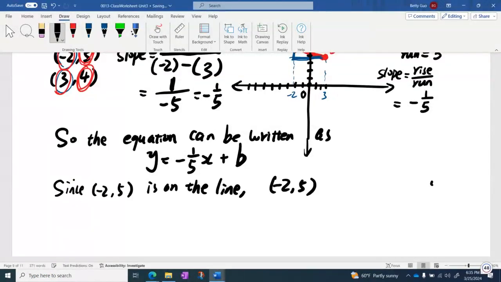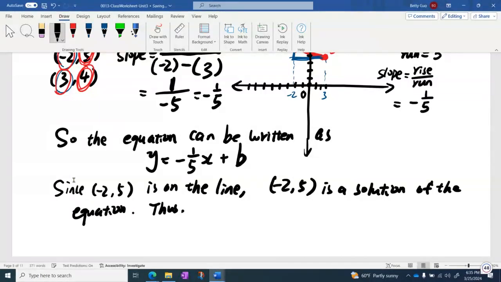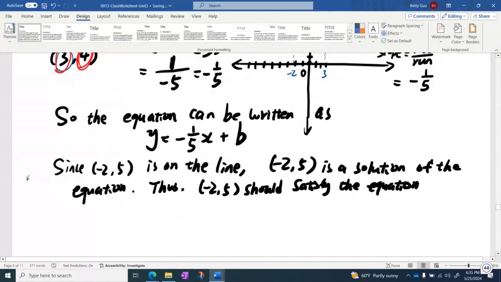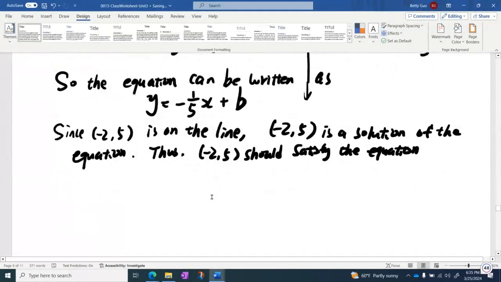The pair -2, 5 is a solution of the equation. So -2, 5 should satisfy the equation. Satisfy the equation means if we plug in x equals -2, y equals 5, we should have a true statement, right?